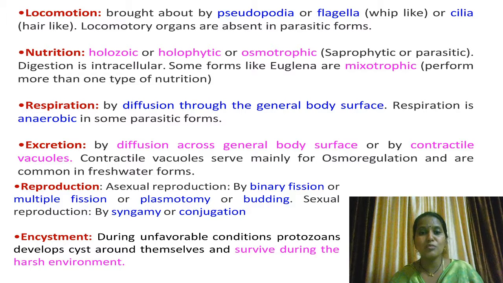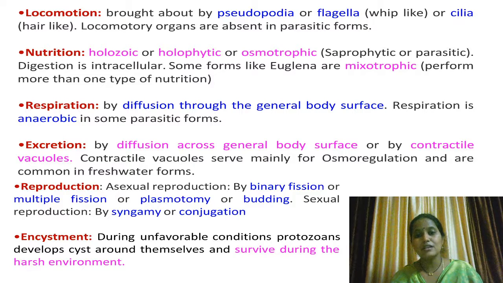What is plasmotomy? Plasmotomy is also a type of asexual reproduction in which the parent organism divides into daughter organisms without the process of cell division.